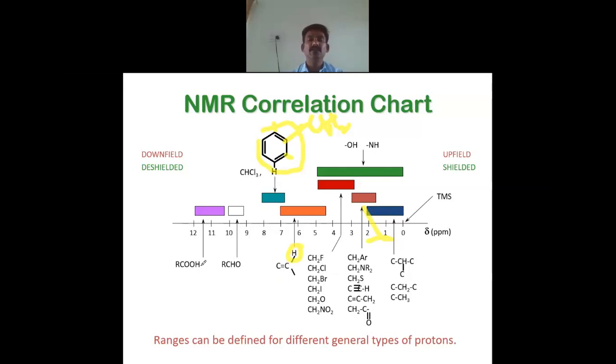So these are the important chemical shifts we have to remember: acid 11 to 12, aldehyde 9 to 10, benzene 7, allyl or vinyl 5 to 7, OH or NH 0 to 5, methyl chloride, propyl chloride 3 to 4, toluene-like compounds 2 to 3, all alkanes 0 to 1, and 0 is tetramethylsilane.